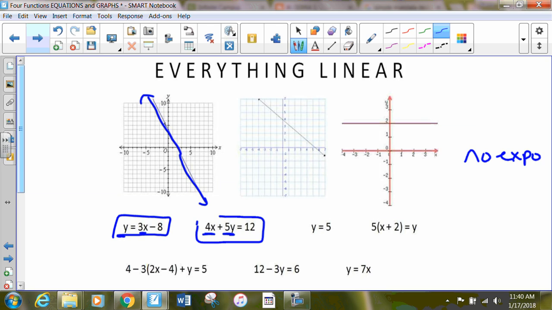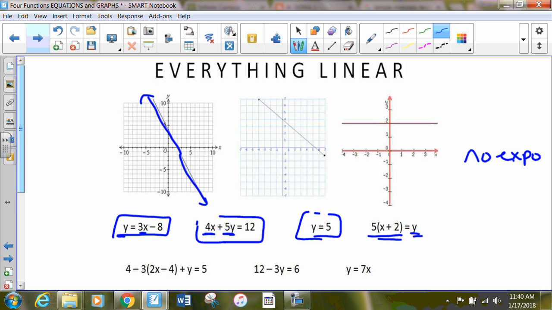Sometimes a linear equation just has a y, right? If we graphed y equals 5, that would be a horizontal line. And sometimes y is on one side and x is on the other, but it looks like it's in a different type of form.